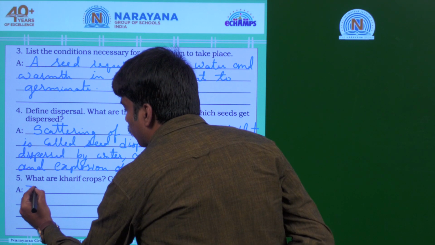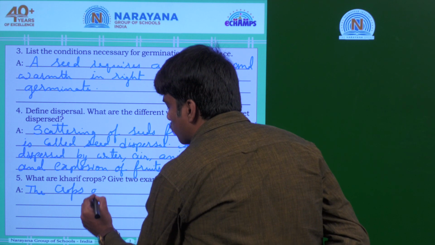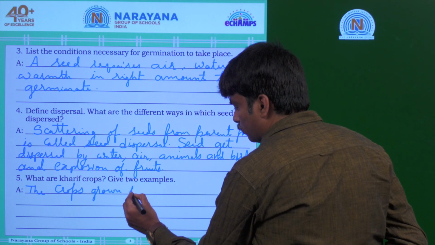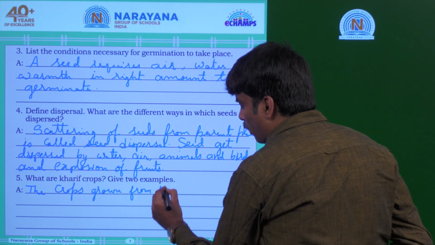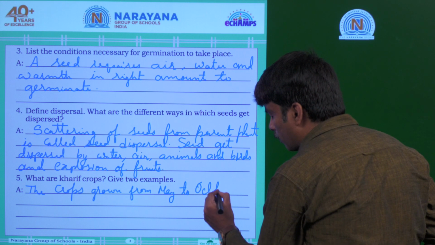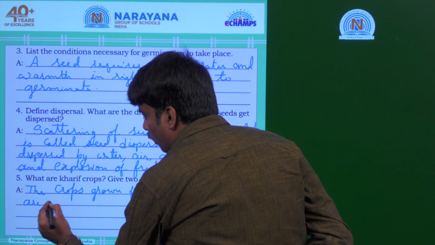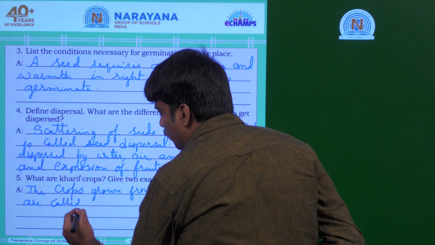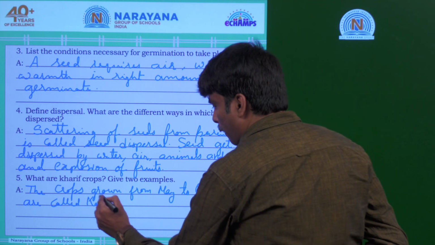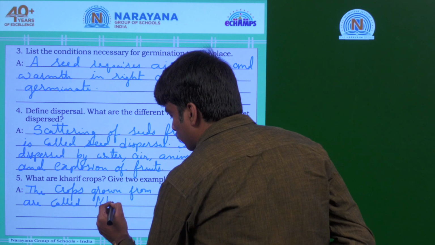So the crops grown from May to October are called Kharif crops.